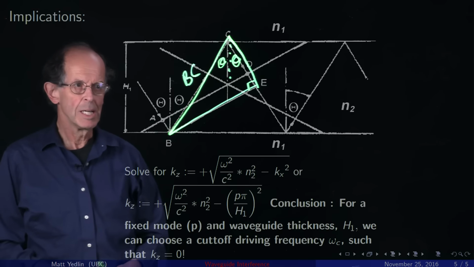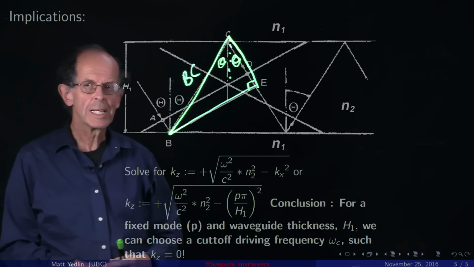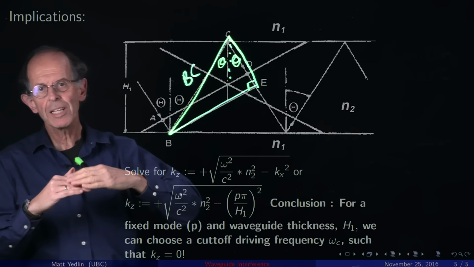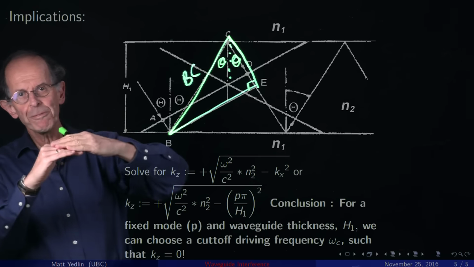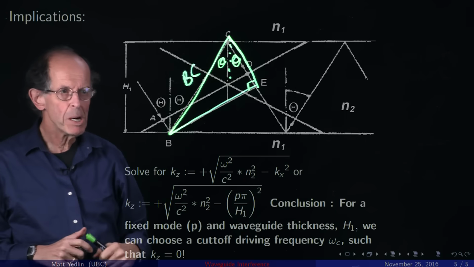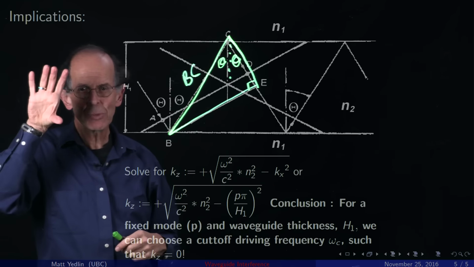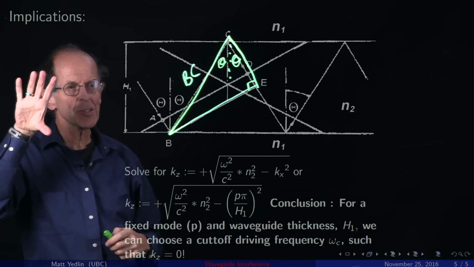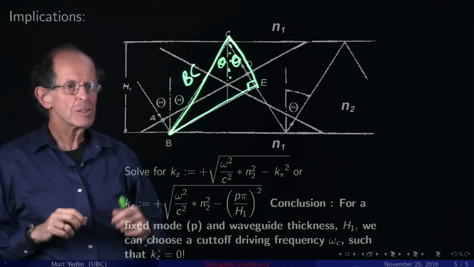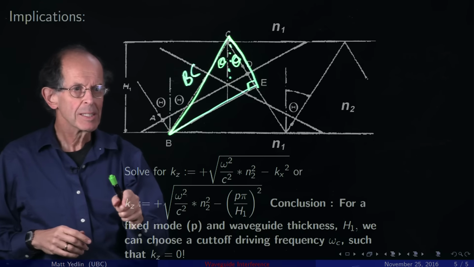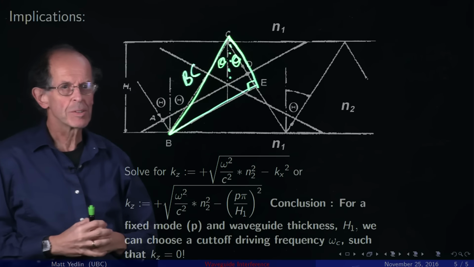However, look at the conclusion. If you fix p, which is essentially the number of wiggles we can fit between the plates, the mode, and you fix the geometry of the guide width, or height in this case h1, then we can choose an omega so that kz vanishes.